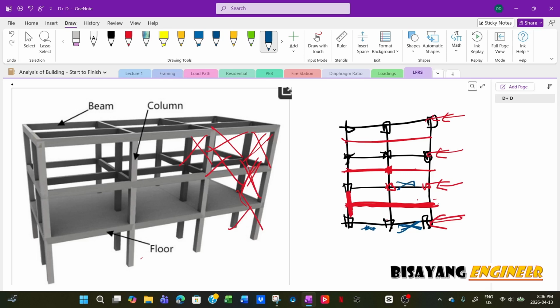Most of the time for steel frames, we will not brace every bay because that will restrict movement. Imagine if this is supposed to be an open space and then you have cross bracing there. I'm sure I already discussed this with regard to aspect ratio.